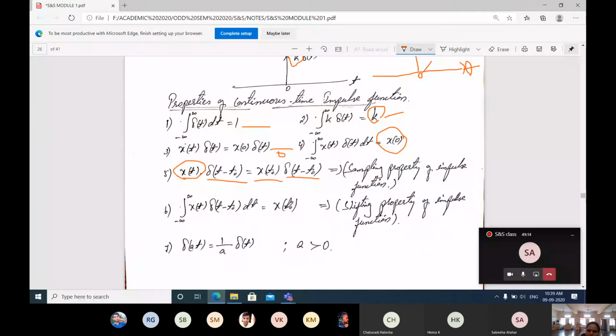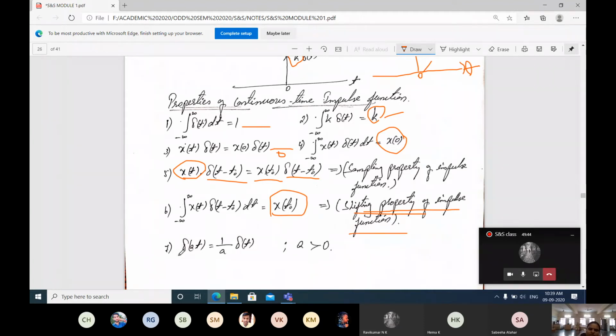Okay, we'll come across this in examples while solving the problems. Next, the integration from minus to plus infinity of x of t delta of t minus t naught into dt. What will I get? A shift operation again, that is x of t naught. The shifting property of the impulse function happens here.